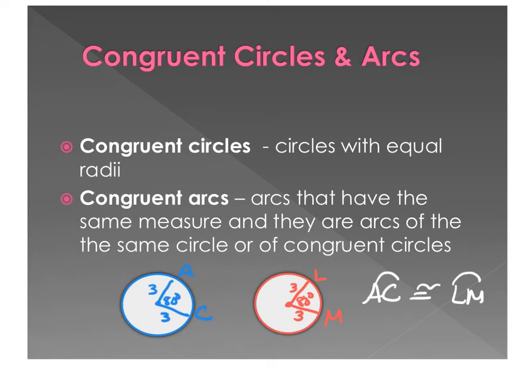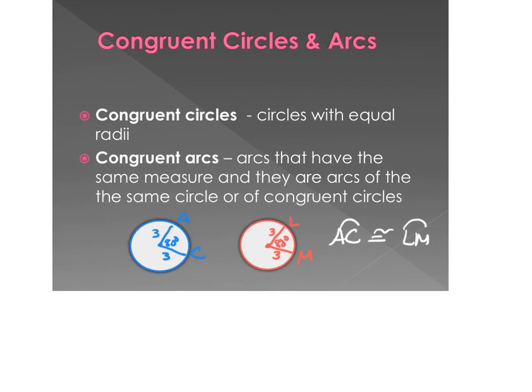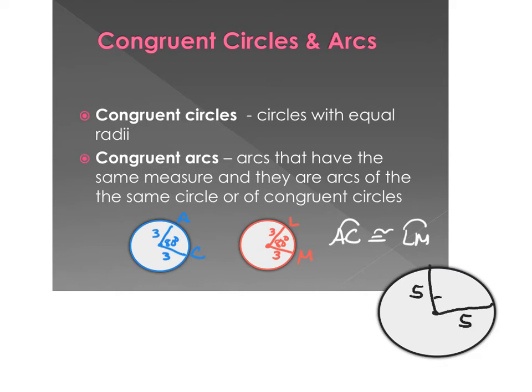So what we're looking for is two circles that have the same radii length. Now, if I were to draw another circle here and give it a different radius length, so let's say I told you this circle has a radius of 5, still same central angle, and let's call this BN.